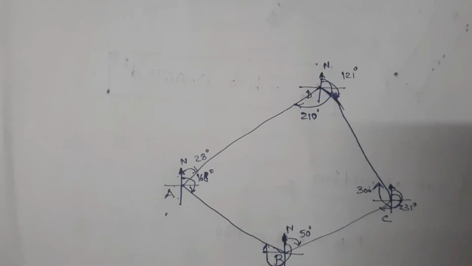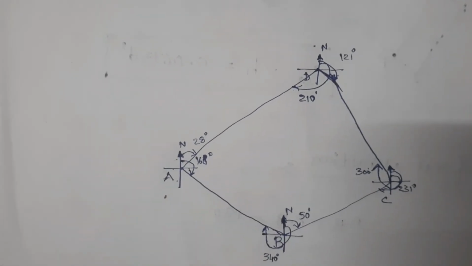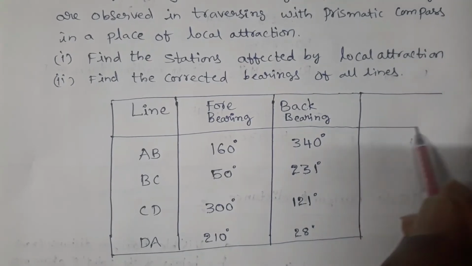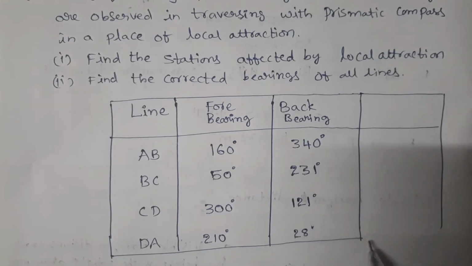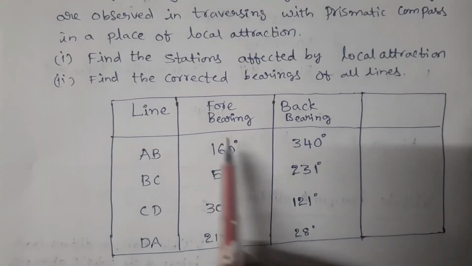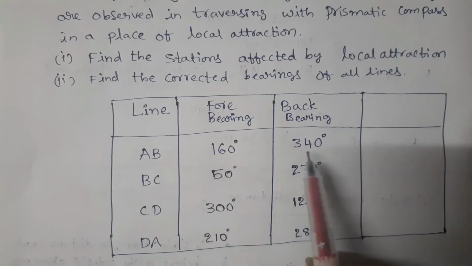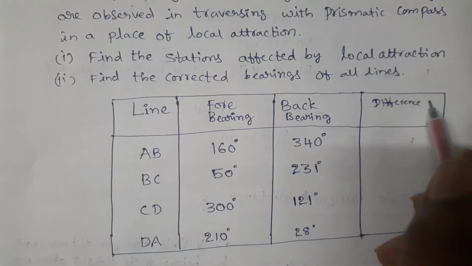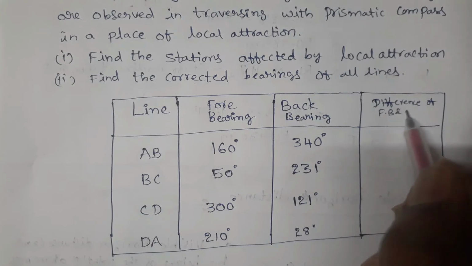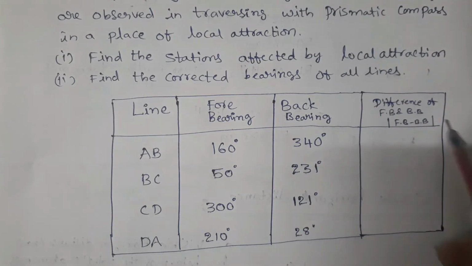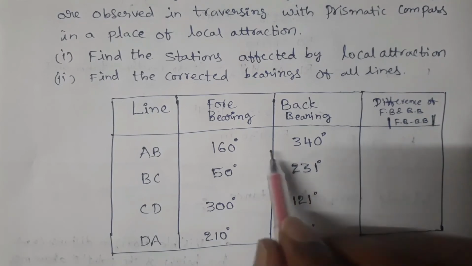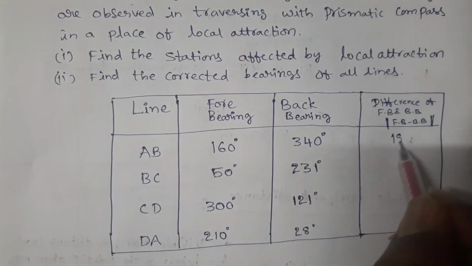Before drawing this, we have to check the difference between the forebearing and back bearing of all the lines. Draw another column here. The difference between forebearing and back bearing of AB is the mod of forebearing minus back bearing, which is 160 minus 340, 180 degrees.